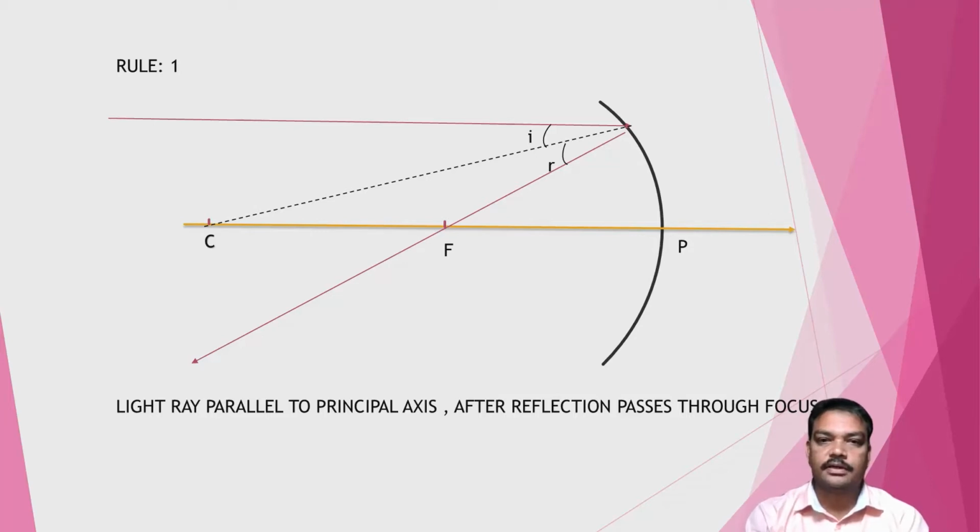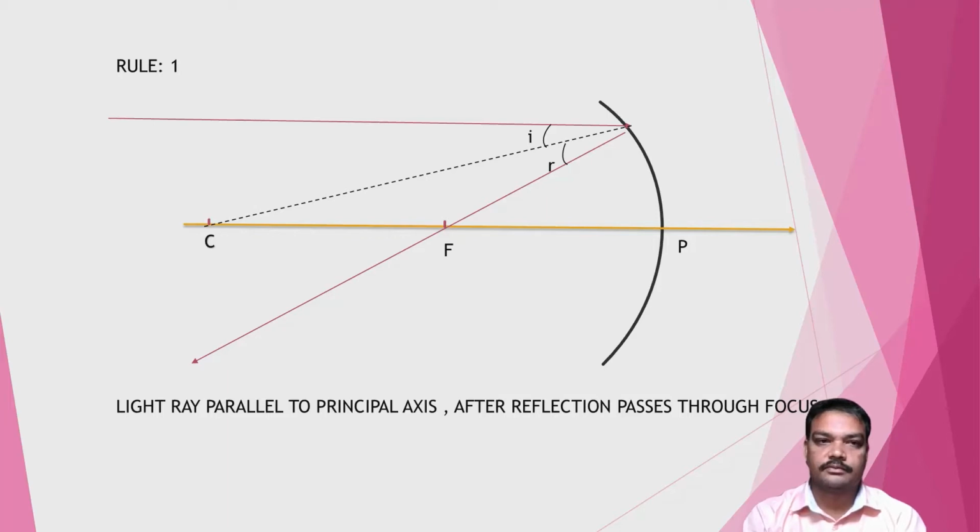Before we go further, one should know the rules for image formation by a concave mirror. Rules means the final direction of light rays after reflection from a concave mirror.